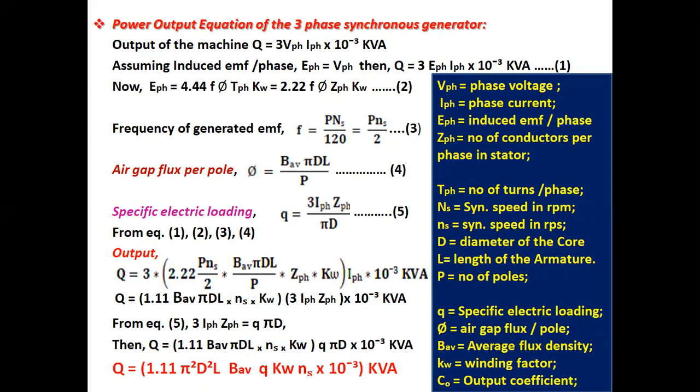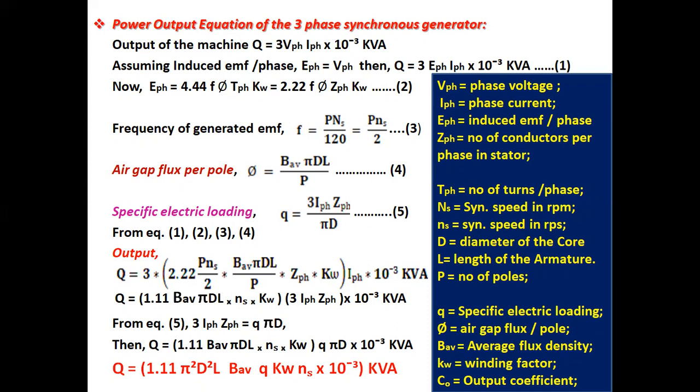Then Q is equal to 1.11 B average pi d L into Ns into Kw into 3 I phase Z ph into 10 to the power minus 3 kVA.